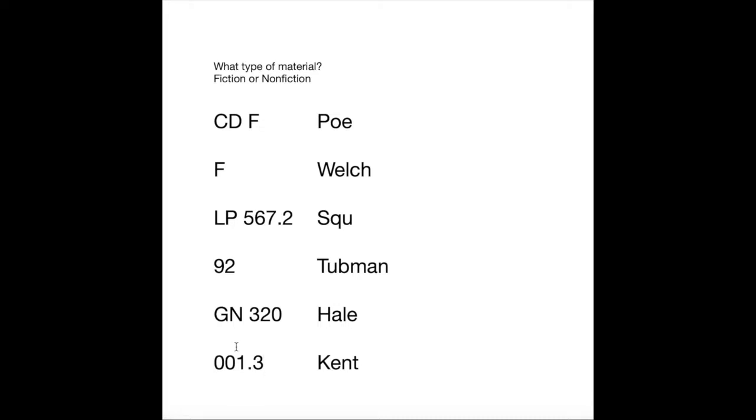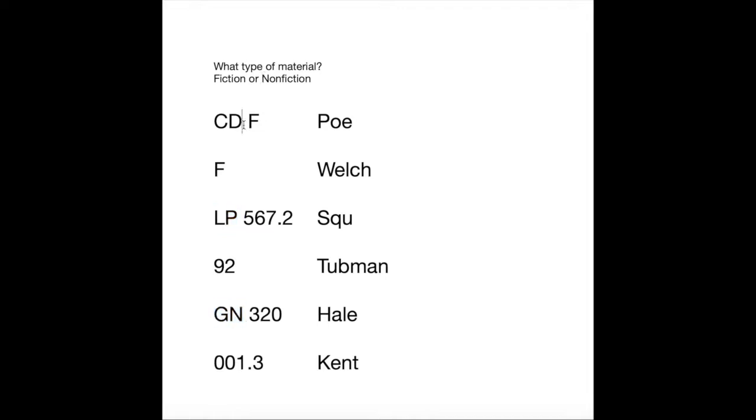Now you might be saying, but Mrs. Squires, what's CD? What's LP? What's GN? Depending on the particular catalog that you may find yourself in, the library is going to have different differentiations for formats, okay? So we can say this is a format, this is a format, and this is a format.